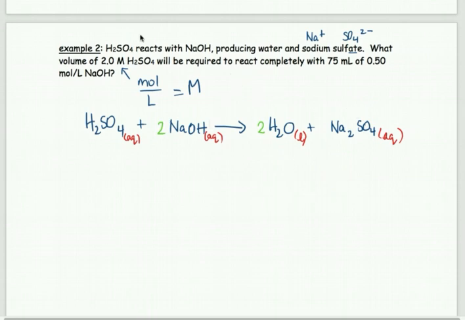Okay. All right, so then from there, let's write down everything that's given to us and everything that's required, okay? So what's given to us? We have 2 molar of sulfuric acid. So we actually know the concentration of sulfuric acid.